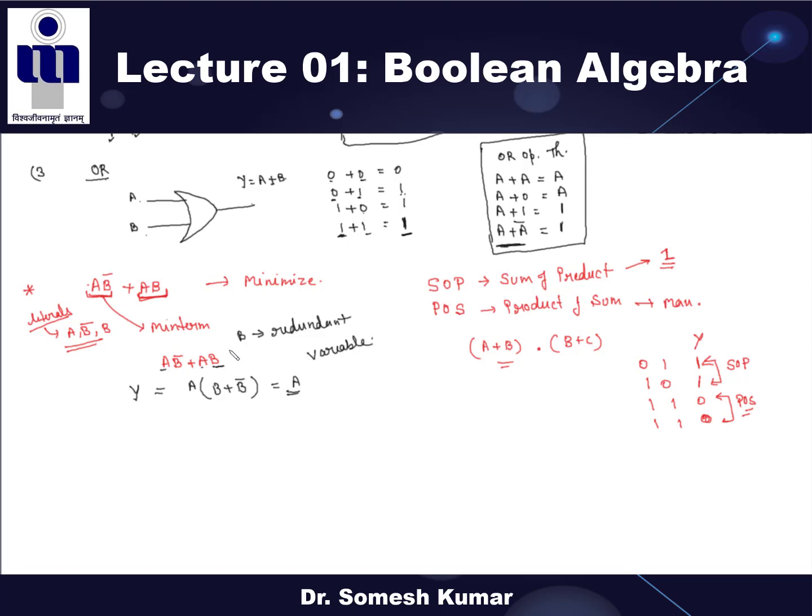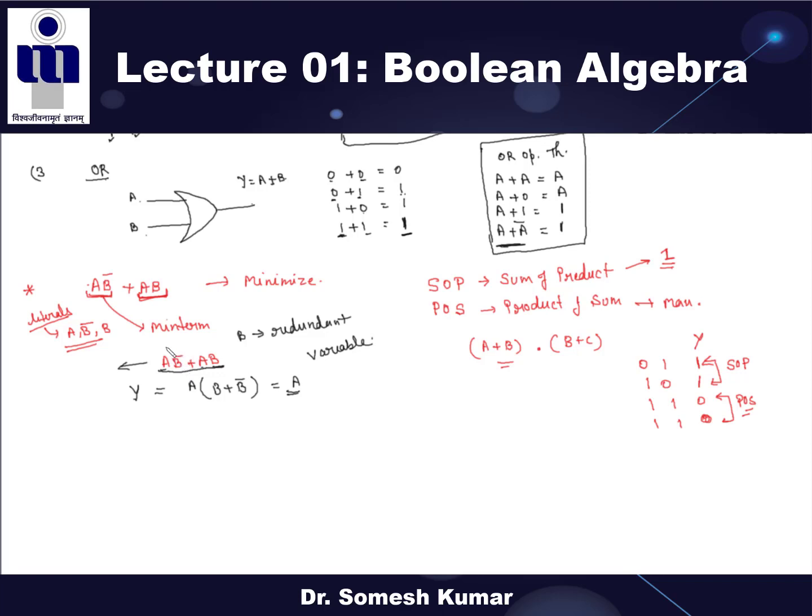Clear? So now for this term AB bar plus AB, how many literals are there in this? These questions can be asked in objective type quizzes, right? I am asking the number of literals, not what the literals are in this.